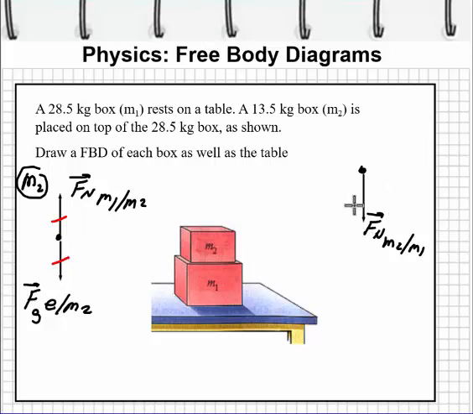M1 also feels a gravitational force. Force of gravity. And this is the Earth onto M1 here. Okay, everything is going to be balanced, so this is going to feel a force going up. And this would be a normal force.